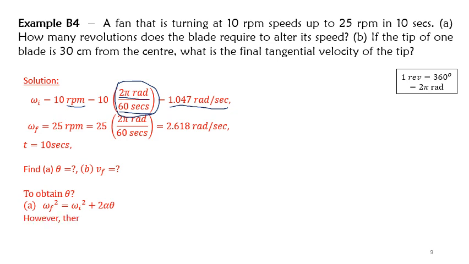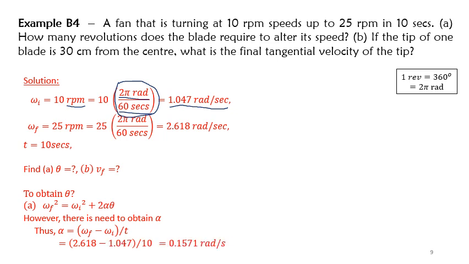How do we obtain alpha? Remember that acceleration is the rate of change of velocity with time, so angular acceleration is the rate of change of angular velocity with time. You can obtain that, and your answer for the angular acceleration is 0.1571 radians per second squared.